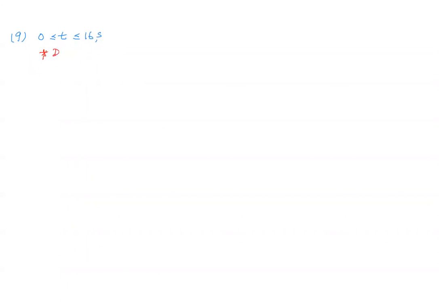Okay, so I have to ask this question, correct? Does the object stop during this period of time? So does it stop? Does it stop during this period of time from part 1? Okay, from part 1, can you tell me when does the object stop?